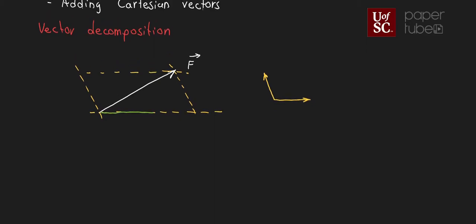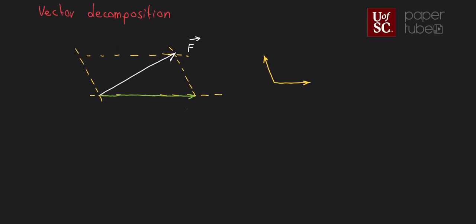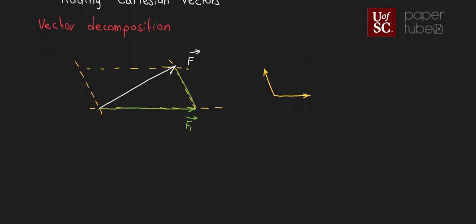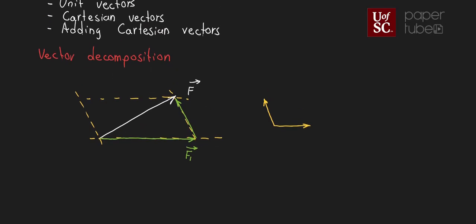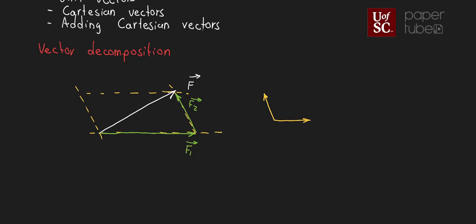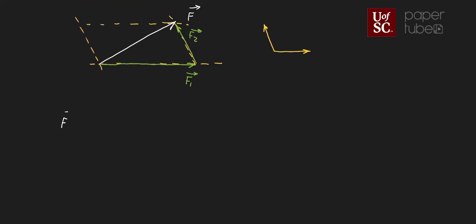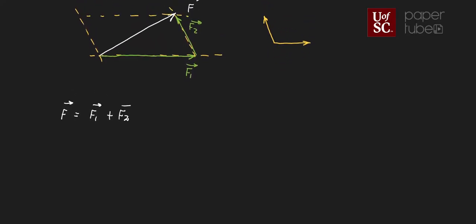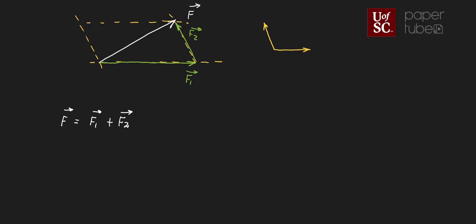I can have this vector, let's call this F1, and this other vector F2 right there. Now I'm saying that my vector F is equal to F1 plus F2. I've broken down, or decomposed, that vector F into two vectors given specific directions.